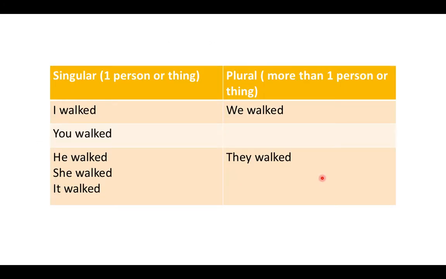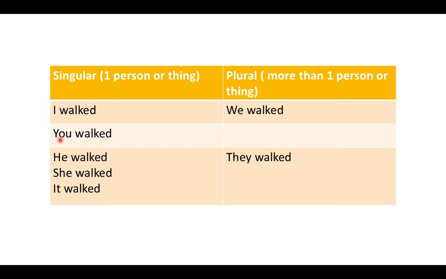And the thing that's nice about them is, with present tense, remember we had to change the verb when it was he, she, or it, like he walks, she walks, it walks. For past tense, there is nothing you need to change.